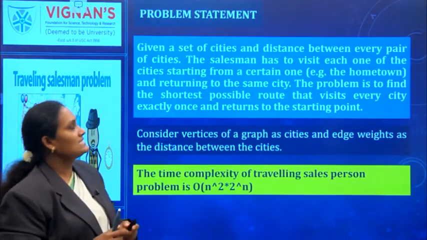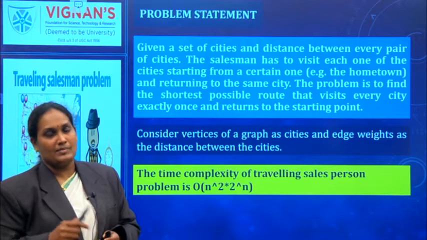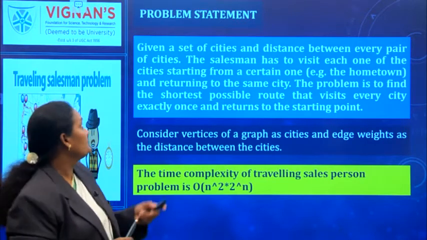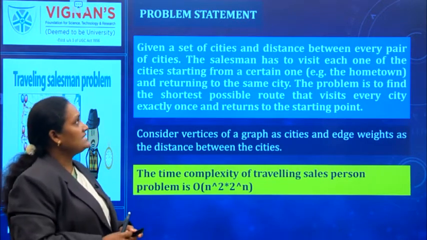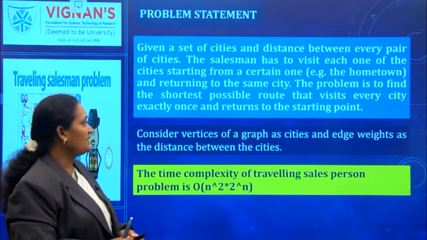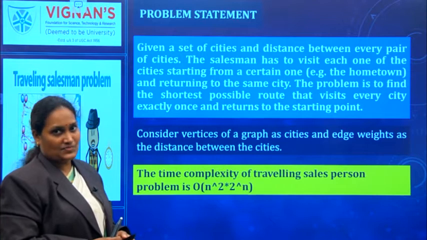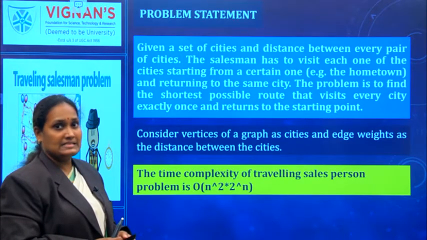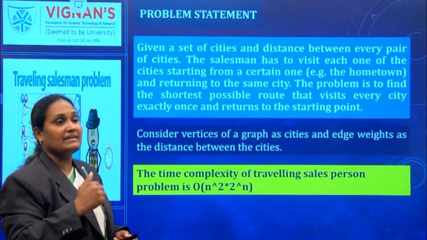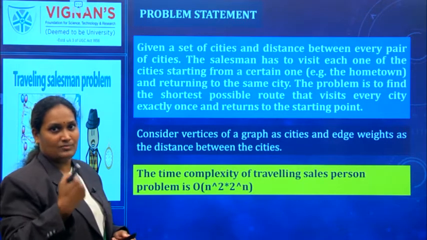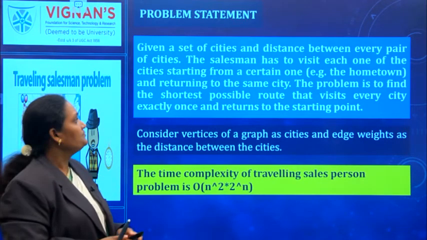Now let us see the problem statement of the traveling salesperson problem. Given a set of cities and the distance between every pair of cities, that is, the distance of traveling from one city to another.